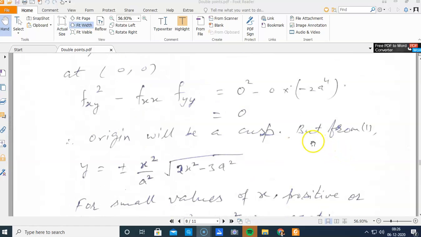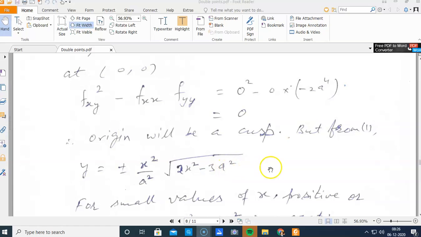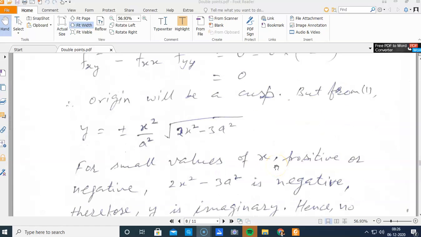If we shift the origin to the double point, that is (0,0), that is the origin only, so there is no need of doing all that. Going to this equation here, just finding the value of y, we get this. For very small values of x, positive or negative, because a is positive, in comparison to minus 3a square this term would be very small.